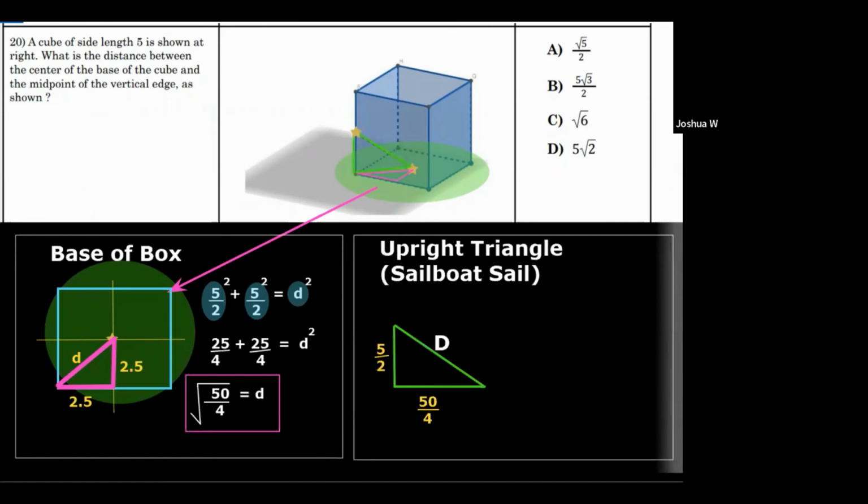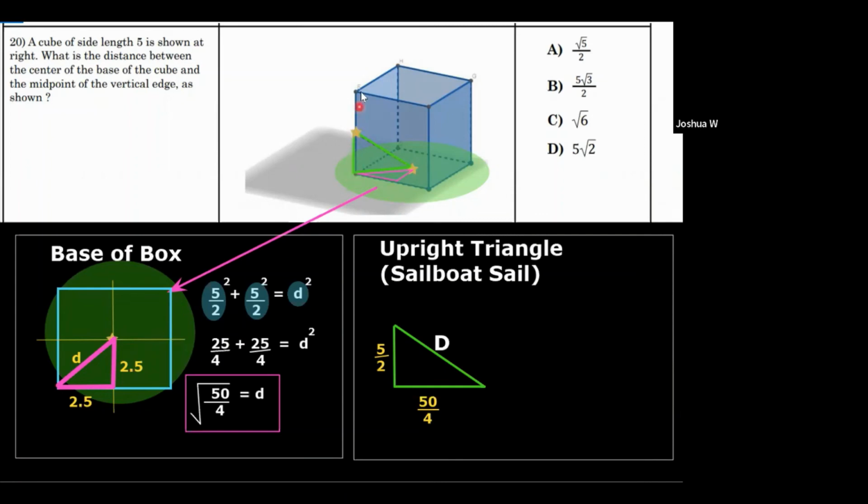For the next step, we're going to construct the triangle that contains the distance we're trying to find. Now that we have the base distance from the center of the box to the corner, we also have the upright distance, which is halfway along a side length of 5. Here I'll use the laser pointer. That means the base distance we just calculated from the center to the corner is the square root of 50 over 4.